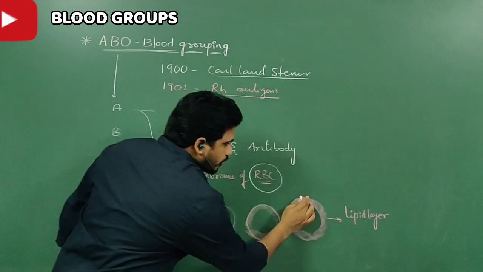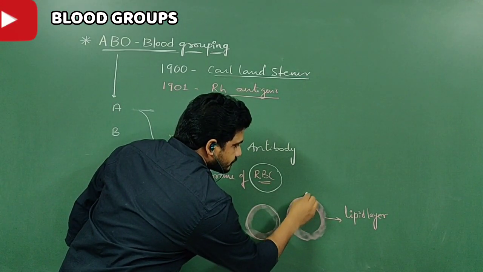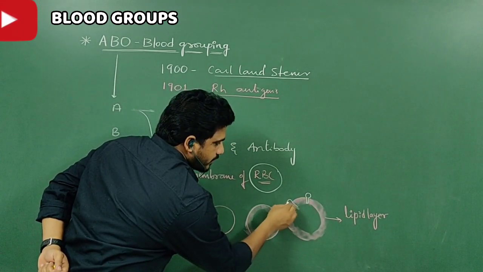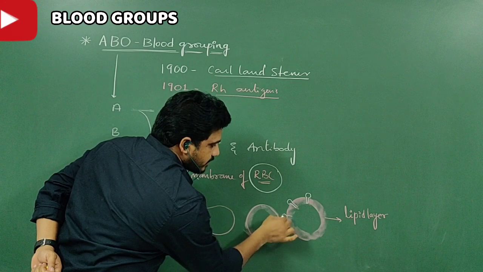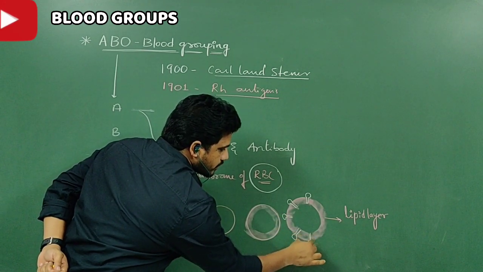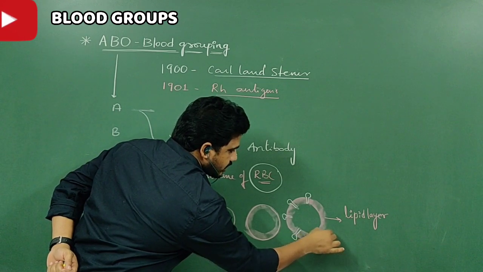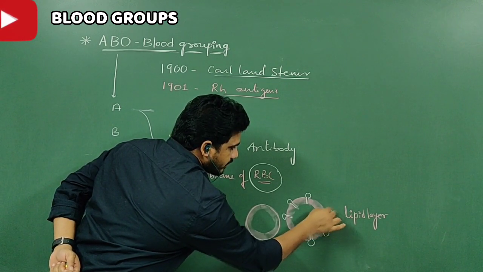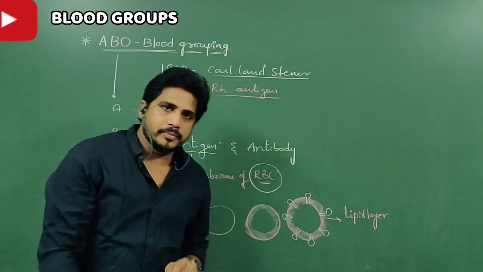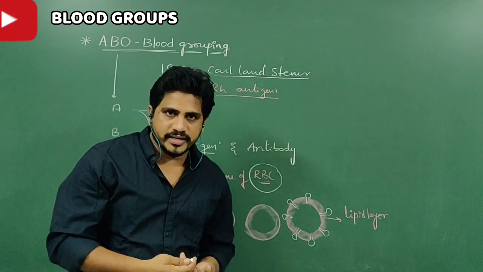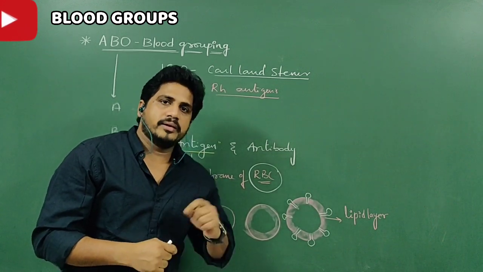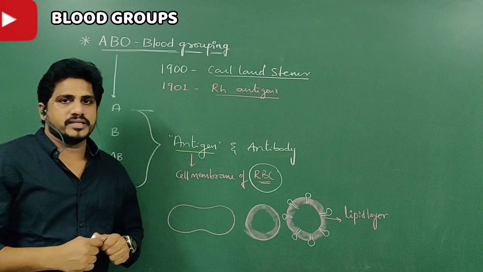This antigen is incorporated here, like that. In so many places these antigens are present. One should understand that antigens are present in the cell membrane of the RBC only. If you take a WBC or blood platelets, we cannot detect the person's blood group. The cells of human blood which represent the blood group are only the RBC.